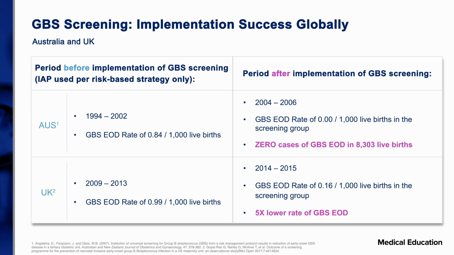So 0 cases. In the UK, from 2009 to 2013, they had an early onset disease rate of 0.99 per 1,000 live births. During a 1-year study looking at GBS screening, they dropped that to 0.16 in 1,000 live births, which translates to a 5-fold lower rate of group B strep early onset disease.